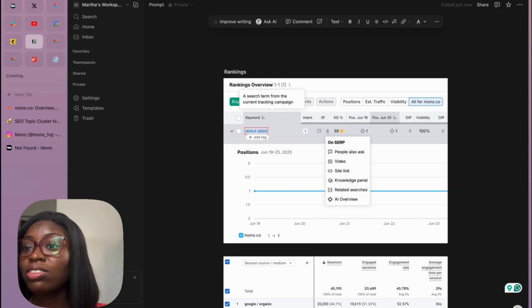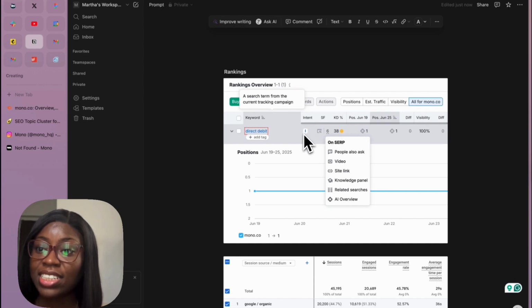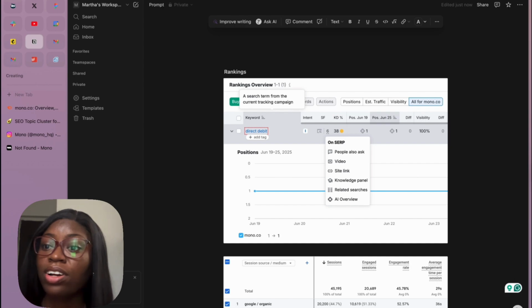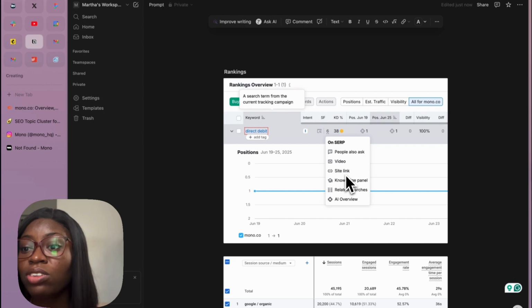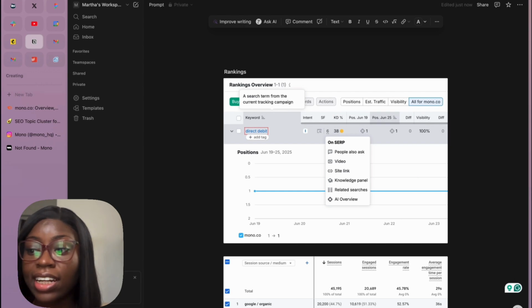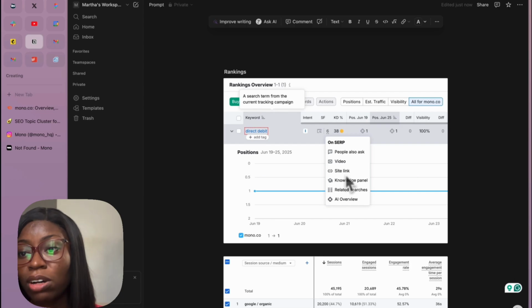As you can see, we've remained on position one and we are ranking for the informational search intent. And we have several sub features like people also ask, video, site link, knowledge panel, related search, and AI overview, which is important now.